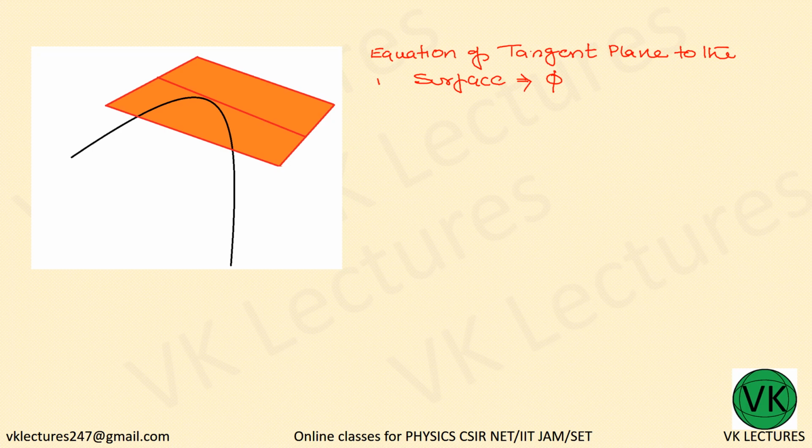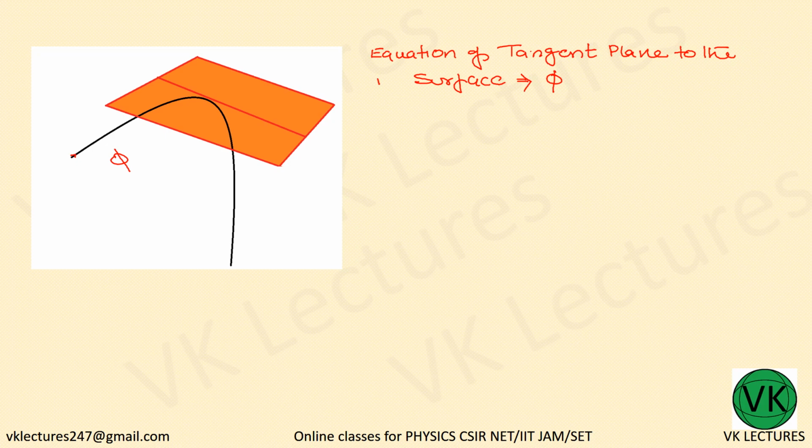We have to find a tangent plane to this surface. So this black surface is our phi, and this one in orange is the plane which is placed over this surface phi such that it is tangent.